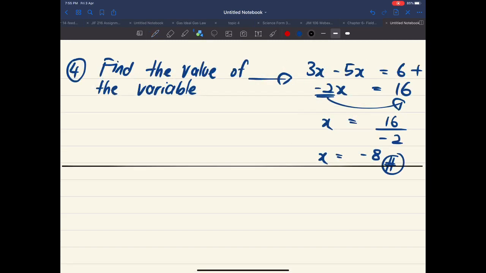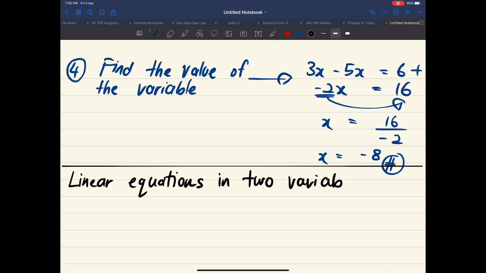Okay, next we're going to see about linear equations in 2 variables. Okay, so what is a linear equation in 2 variables?